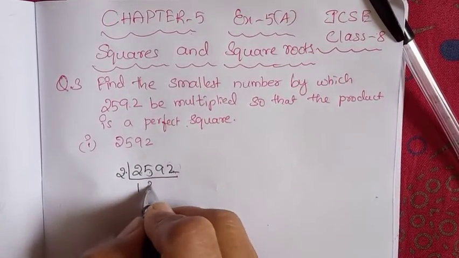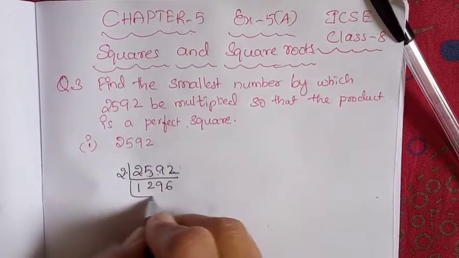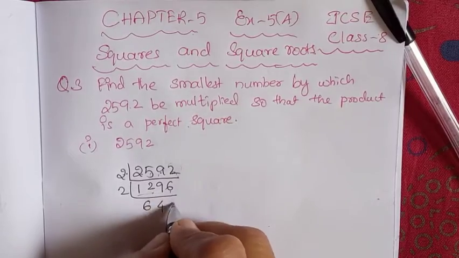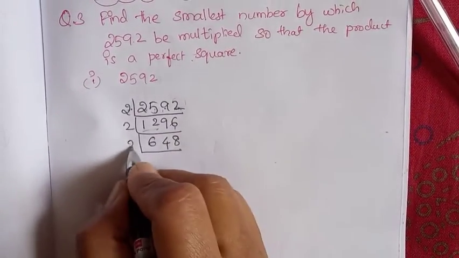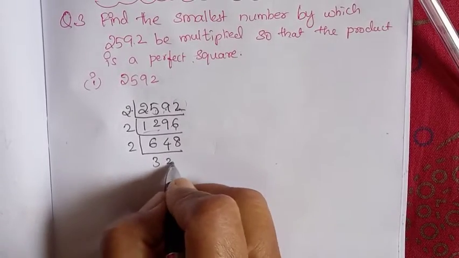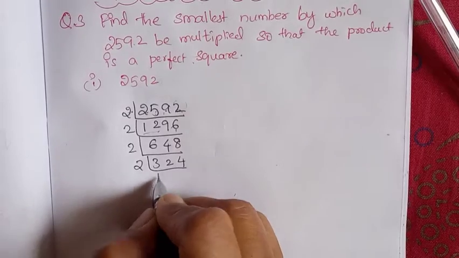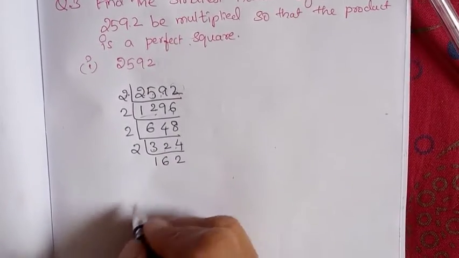2 ones are 2, 2 nines are 18, 2 sixes are 12. Again 2 sixes are 12, 2 fours are 8, 2 eights are 16. Next again 2 threes are 6, 2 twos are 4. Again 2 ones are 2, 2 sixes are 12, 2 twos are 4.